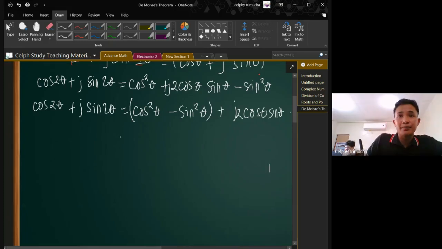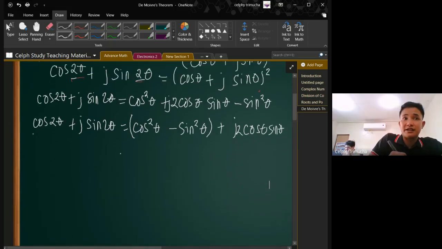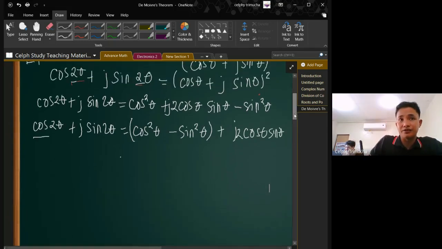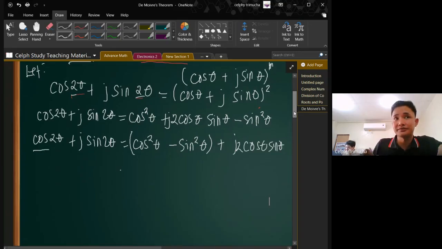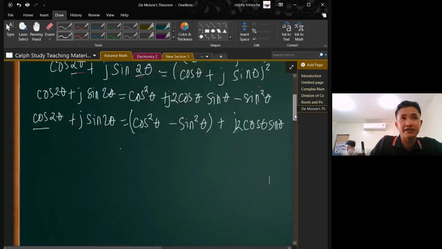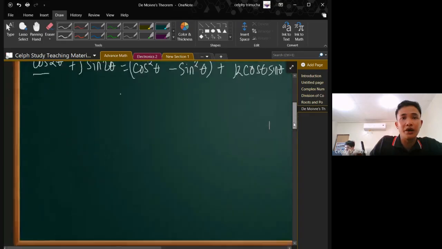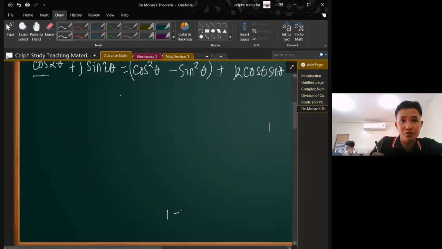Okay, now, ang ginapapangita sa aton is ang value sang cosine 2 theta nga ginapaprove sa aton. So, dapat ang aton nga answer will be 1 minus 2 sine squared theta. Muna dapat aton nga goal.